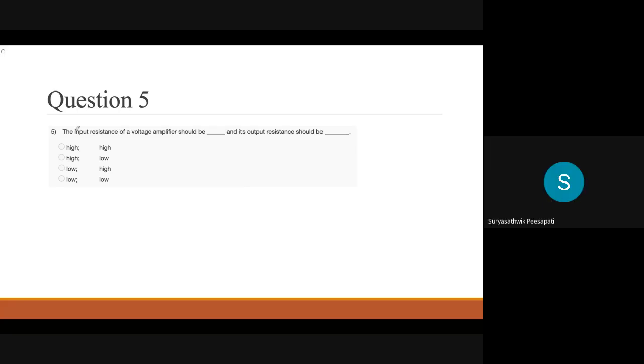Ma'am, high low, ma'am. Yes, it is high low. Option B is the right answer. So the input resistance of a voltage amplifier should be high, and its output resistance should be low.